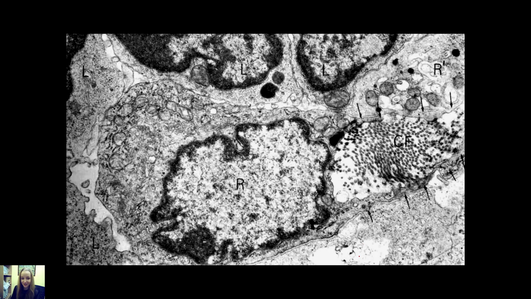So this is a picture from an electron microscope, which is showing us how reticular cells really look like. So normal active nucleus, a lot of mitochondria over here, and also rough endoplasmic reticulum over here.